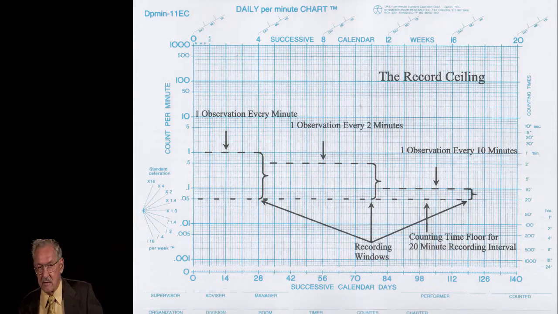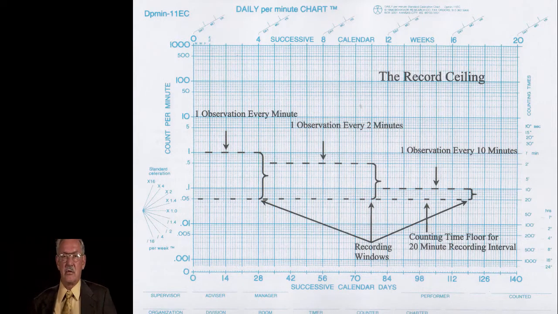And then the next 30-second interval goes by, did it happen in that one? Okay? So the most counts we could get with that procedure would be 1 every 30 seconds or 2 per minute. Therefore, the recording ceiling that's imposed is 2 per minute. Can't see behavior above 2 per minute if you're only looking for it once every 30 seconds.